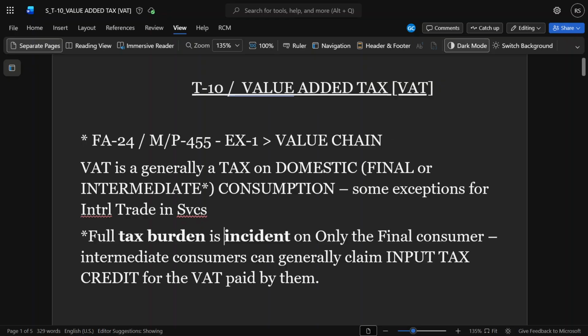Okay? Incidence is a technical term in economics for the person who, in an economic sense, finally bears the burden of the tax. Here you can see it's the final consumer. All right? So this is a very important thing to remember also. Tax on domestic consumption. It will be very helpful later on when we look at import-export transactions.